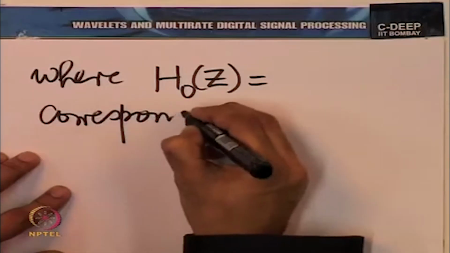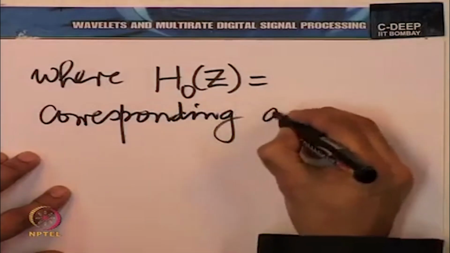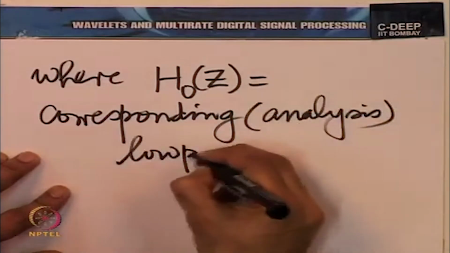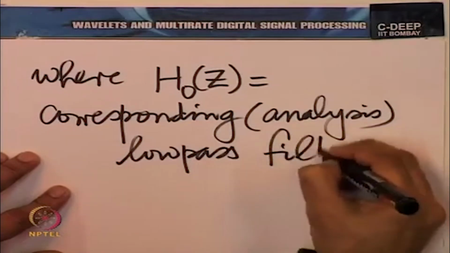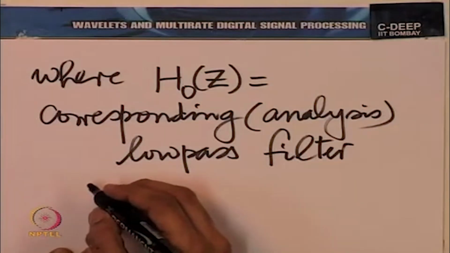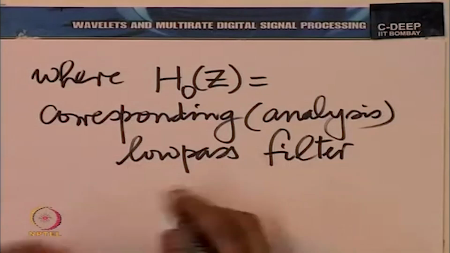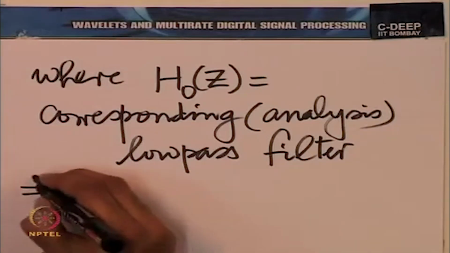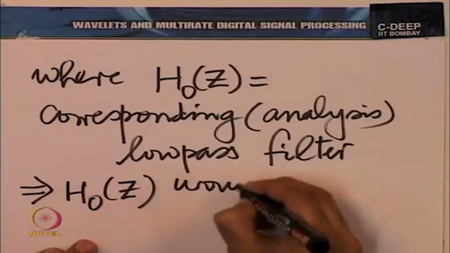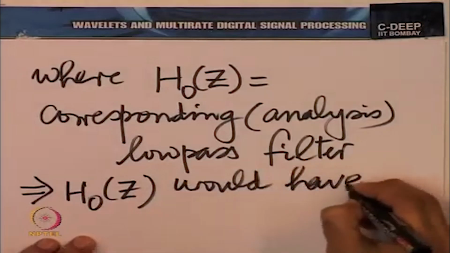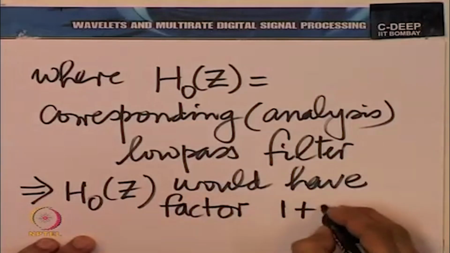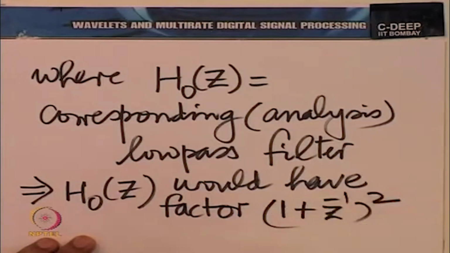Of course, I am talking about the analysis side. So, essentially the analysis low pass filter would now have a form like this. H 0 z would have the factor 1 plus z inverse squared.